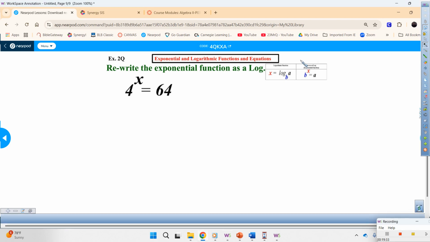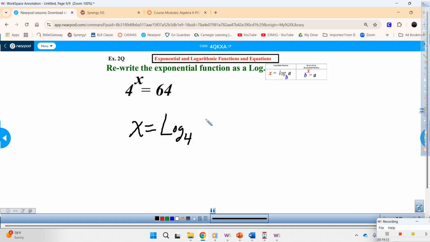All right, tell me what to write, please. Log base 4 to get 64. Hands if you got that. That is correct. Let's do one more.